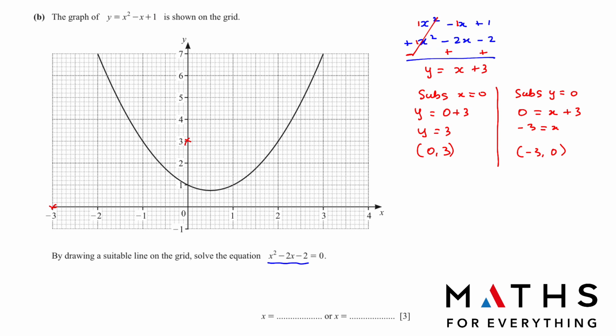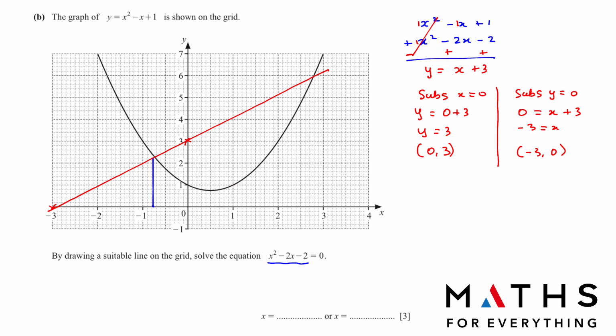Now we have to draw the line. We just have to join these two points together and extend it. Just check out what points you have. This is the x value. We can take it as negative 0.7.